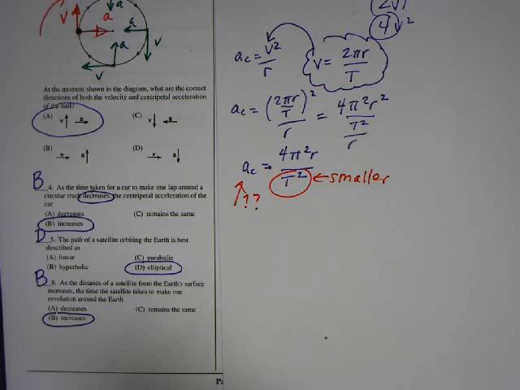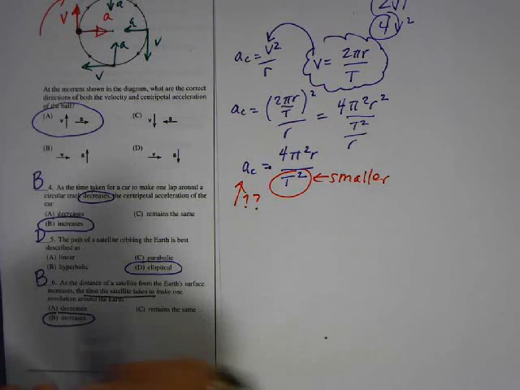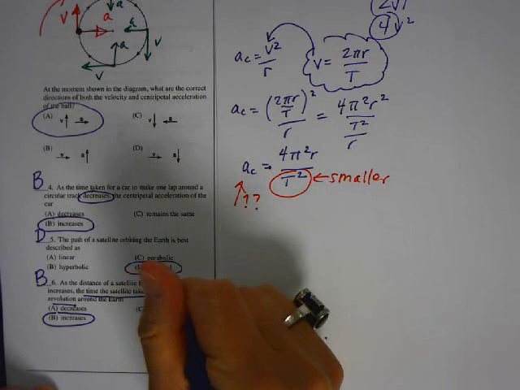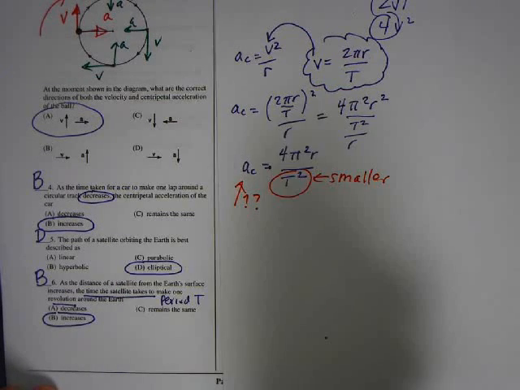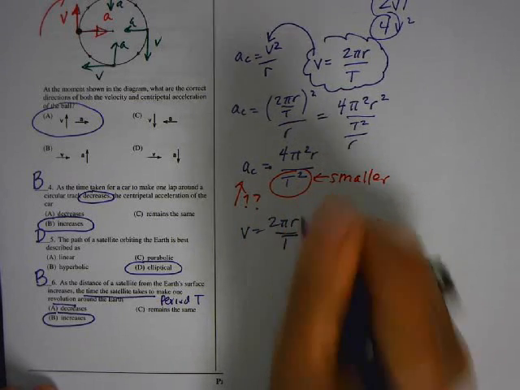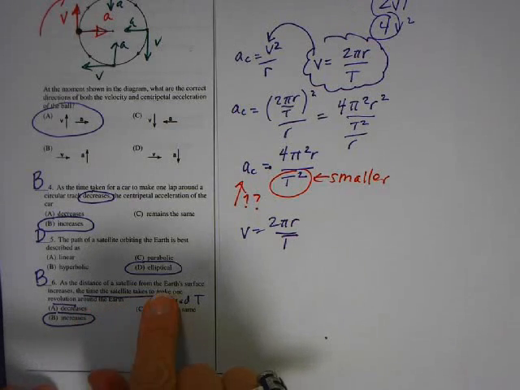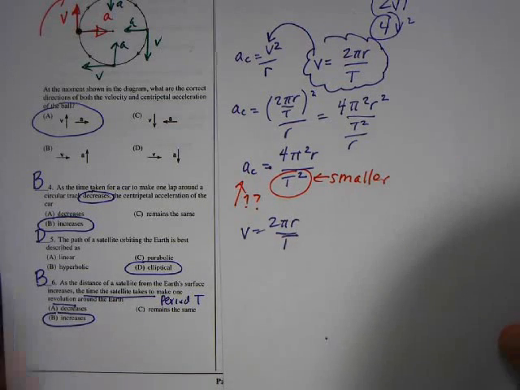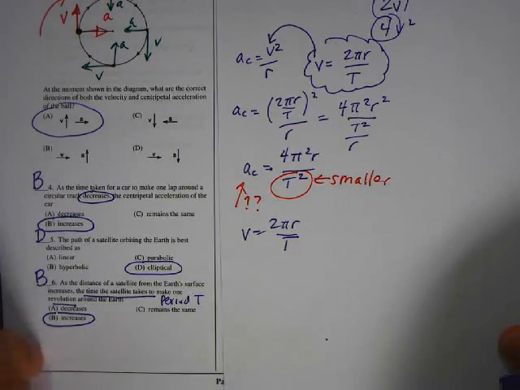We could look at V is equal to 2 pi r over T. Because remember, the time it takes the satellite to make one revolution, what is that called? That's the period, T. Okay? So if we say V is equal to 2 pi r over T, as the distance increases, then the time would decrease. All right. Let's look at the next one.